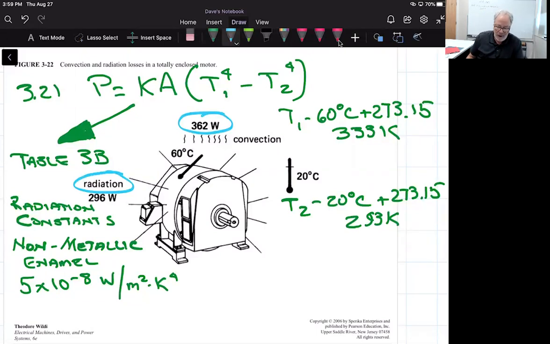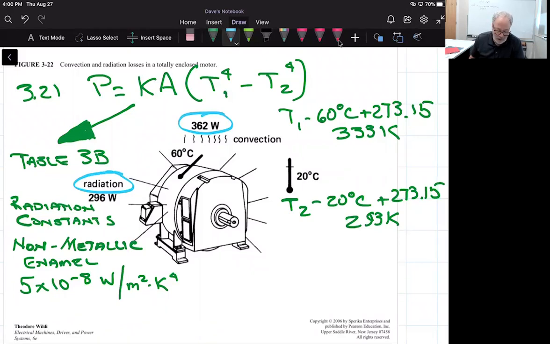You might think of them as coatings or paintings of particular electrical machines, and it runs through the list there: polished silver, tungsten, oxidized iron, and so forth. But in this particular problem, we're going to use the one that relates to a non-metallic enamel in table 3B, which is the next to the last one.